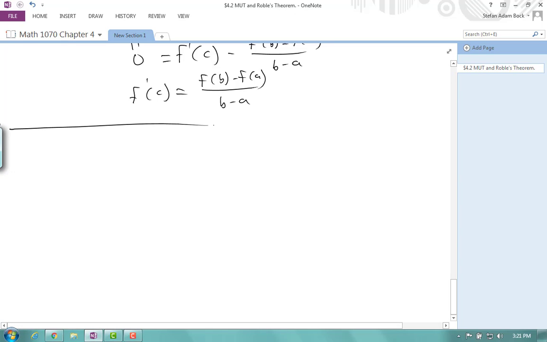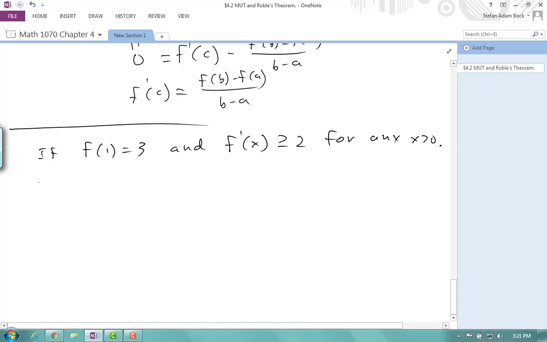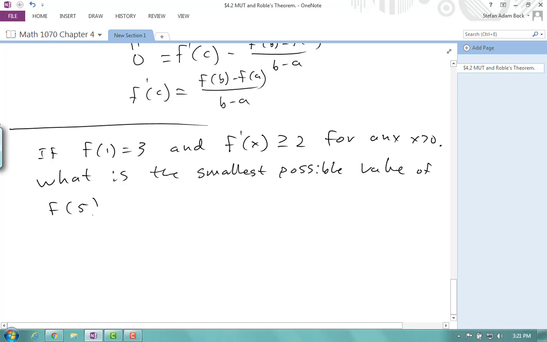Well, for one simple problem, I can ask something like, if f(1) is equal to 3, and I know that f'(x) is greater than or equal to 2 for any positive x value, I can ask, what is the smallest possible value of f(5), for example.